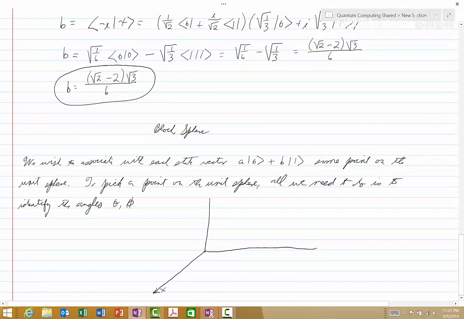If this is the x-axis and the y-axis and the z-axis, and here is some point on the unit sphere, then we simply draw this arrow from the origin to that point, and the angle that that arrow makes with the z-axis is called theta, and when we project that arrow down into the xy plane, the angle that its projection makes with the positive x-axis is phi.